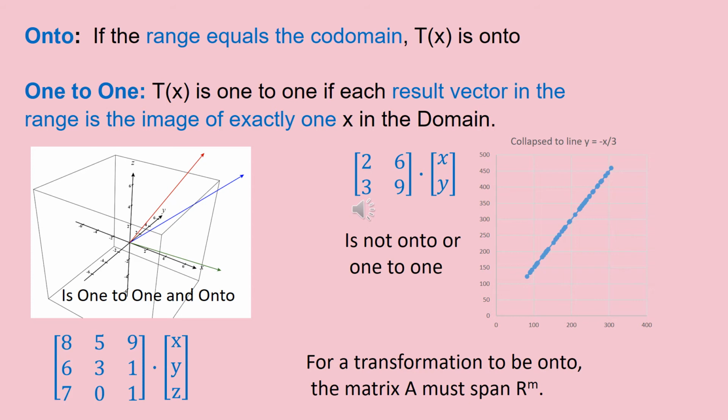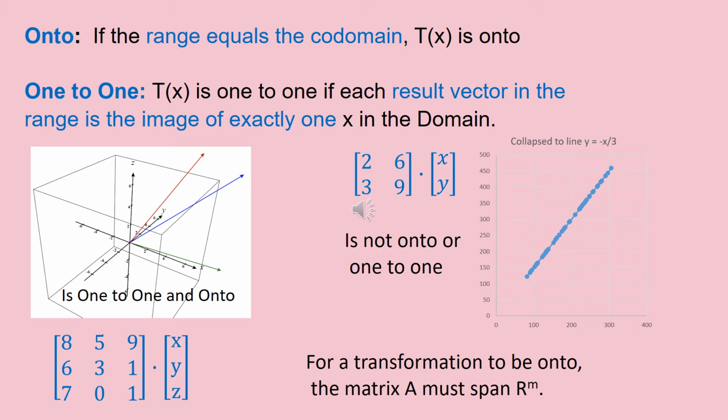Okay, our example in which we were using the 3 by 3 matrix 8, 6, 7, 5, 3, 0, 9, 1, 1, that transformation happens to be one-to-one and onto. We map to the full set of R3 and it's one-to-one. Every image was obtained by only one vector that was plugged into the transformation.